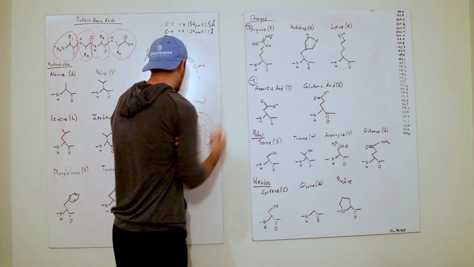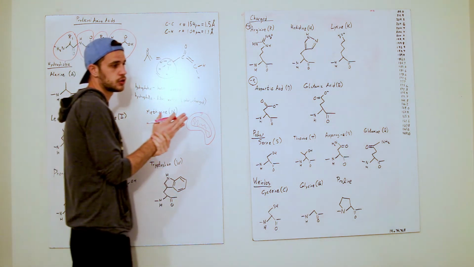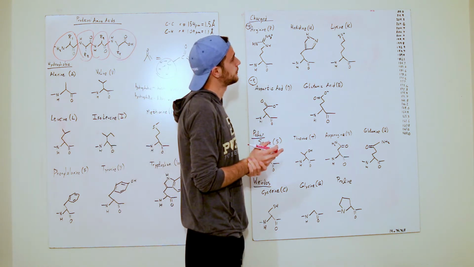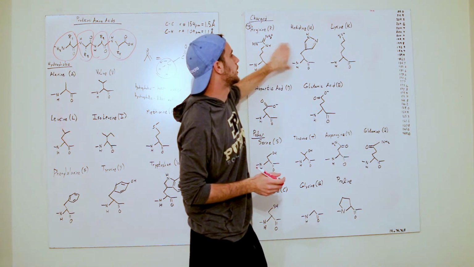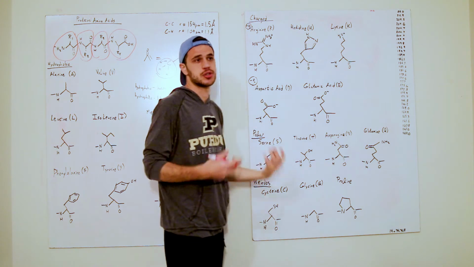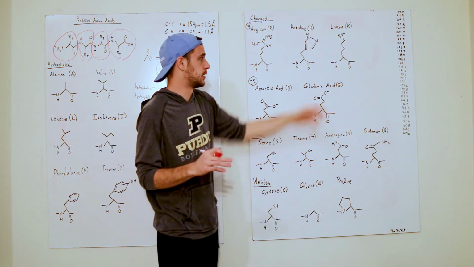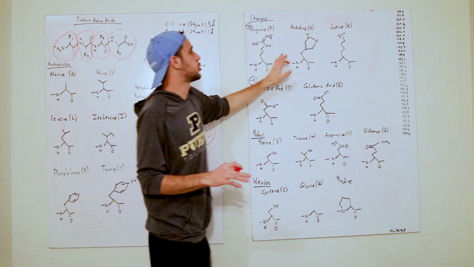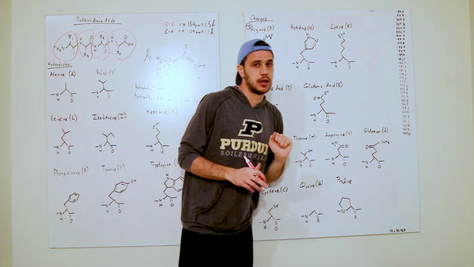It's got an aromatic ring, so it can also shove into cavities for stronger binding to different proteins. And then we finally have lysine, which is very similar to arginine, except it's only got this amine group at the end. Amine is just essentially nitrogen bonded to hydrogens, and it's typically at the end of the chain. So arginine and lysine, we're going to be looking at quite a lot later.